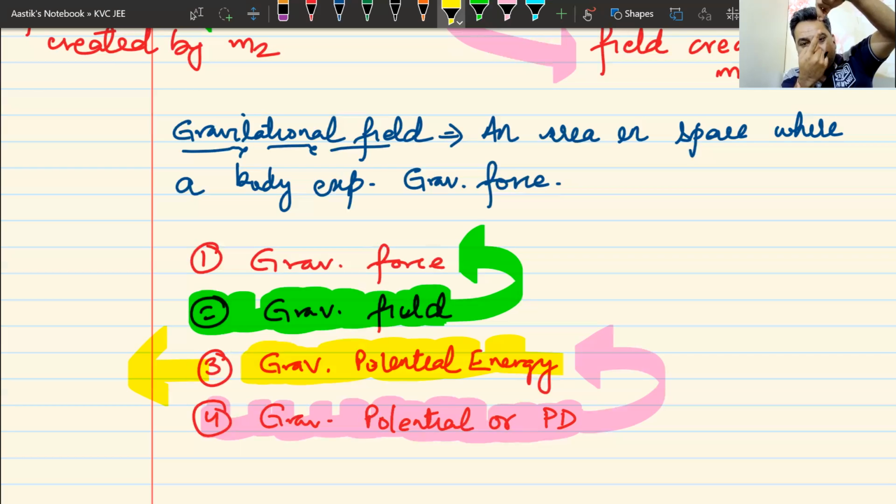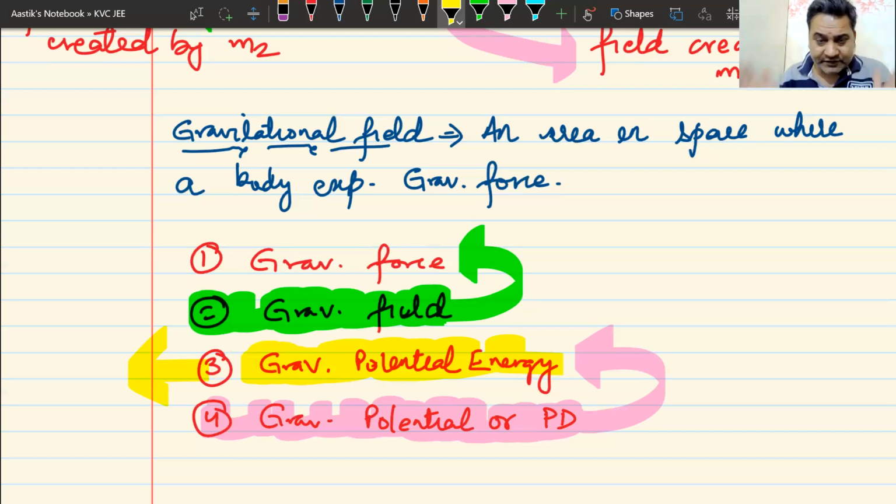Right now it is not experiencing force because there is no block. But if I put a block, the block experiences force because of the field. Earth is creating a gravitational field. This point has potential, but it can do nothing. It only has potential. But if I give it this block, now it has potential energy. Am I clear what I have done here?